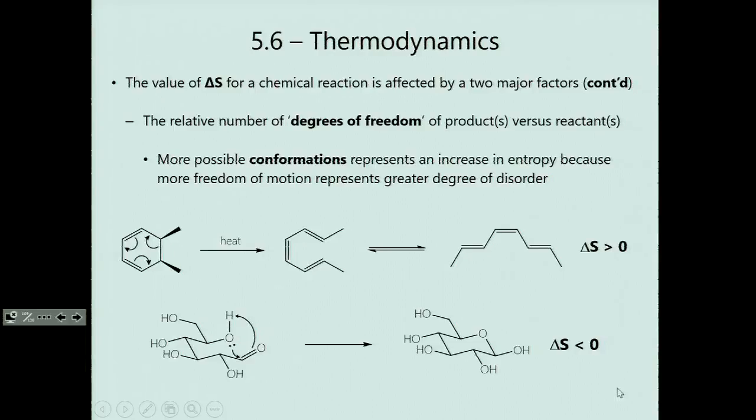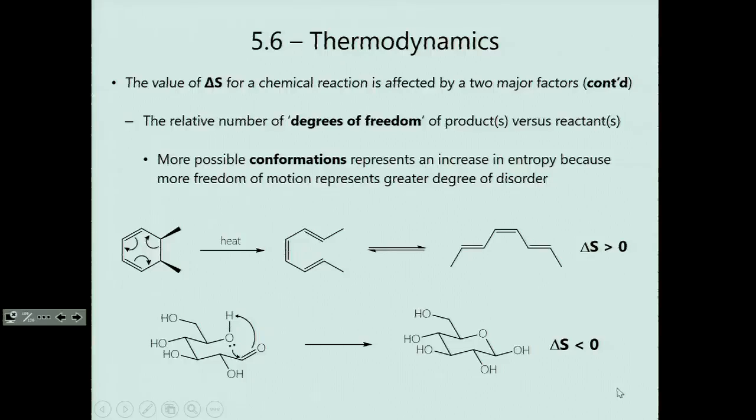The second factor that affects entropy is relative number of what we call degrees of freedom. So how free are the atoms in a structure to move around, rotate, move from point A to point B without breaking the structure, obviously.